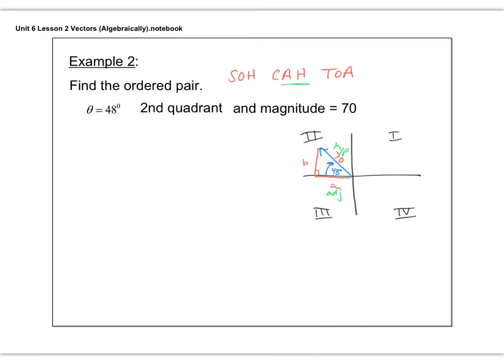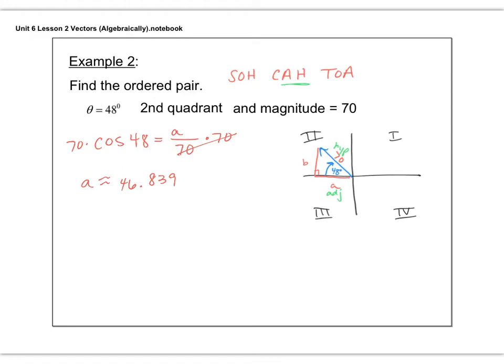Adjacent and hypotenuse go with cosine. So remember, cosine 48 equals adjacent A over hypotenuse 70. Multiply both sides by 70. You're going to have your calculator in degrees because our angle was given in degrees. And A is approximately 46.839.